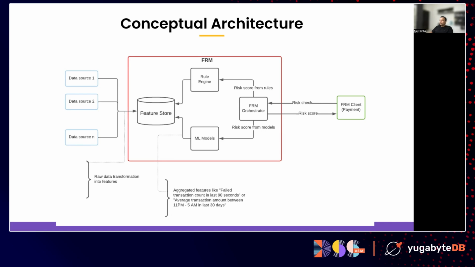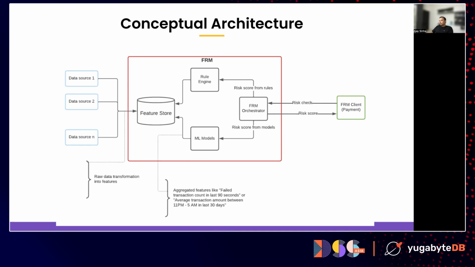Coming back to our conceptual architecture, we have the data sources through which we compute features. We store those features into the feature store. We have ML models which can query the feature store, and for any incoming transaction, evaluate the risk and maybe come up with some risk score.